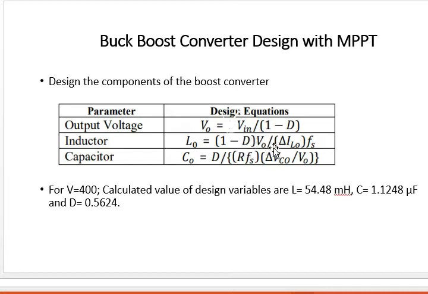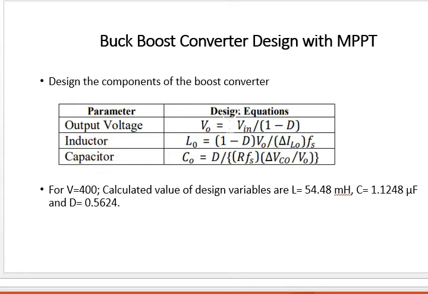The inductor is equal to (1 minus D) times V0, that's the output voltage at the rated voltage, divided by the ripple current that you can bear in the output current, times the switching frequency of that buck boost converter. Similarly, the capacitor size can be given by D divided by Fs Rs, where Rs is the resistive load or whatever the resistance of the load, and Fs the switching frequency, and again it involves the ripple in the output voltage that you can bear, divided by the rated voltage.